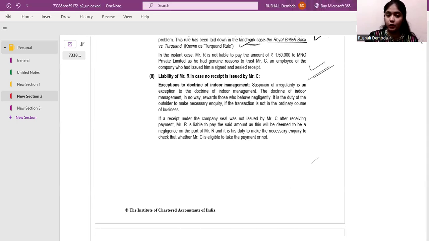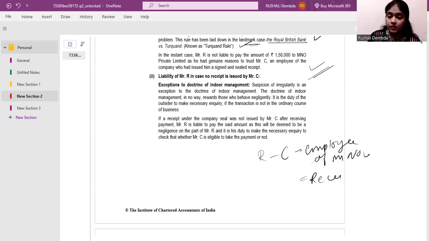liable to pay 1,50,000. R will not pay rupees 1,50,000 because R thought C is the employee of MNO. Okay, this is the relevant thing. And also he got a receipt which is signed and sealed in the name of the company. So he had genuine reasons to trust the employee of the company.